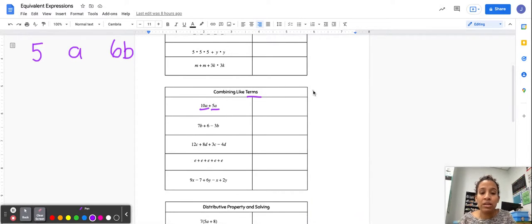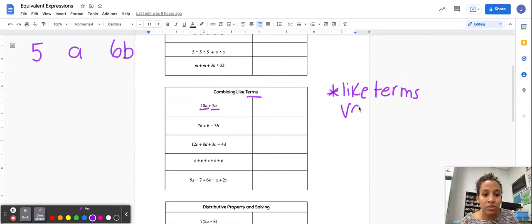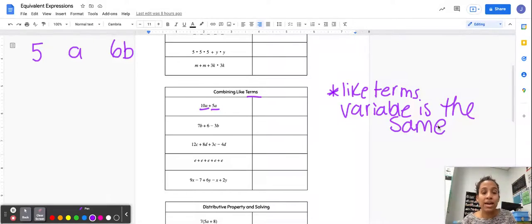Now I can only combine terms, add or subtract terms, when they have the same variable, when they are like terms. So like terms are when the variable is the same. So I can combine a with a, but I cannot combine a with b.